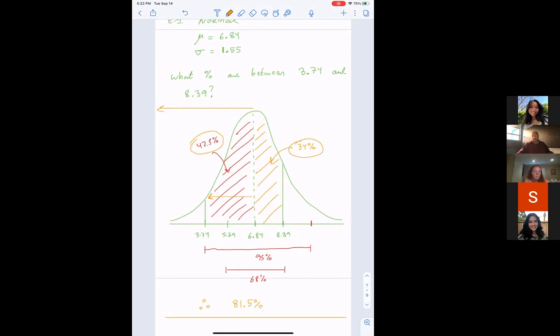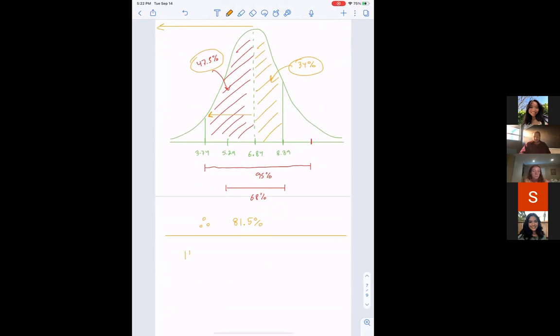Now, I'm not going to do this right now, but just to illustrate, what if I said, for the same problem, between, I don't know, 5 and 6? Well, here we have issues. What's the issue that we have if I ask you for this between 5 and 6?